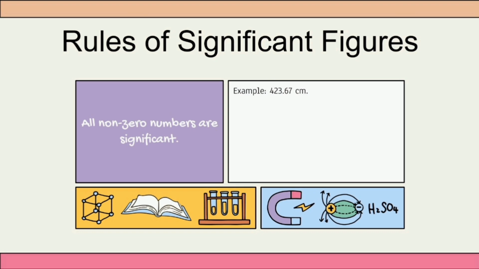Then, a zero that lies between two non-zero numbers is significant.